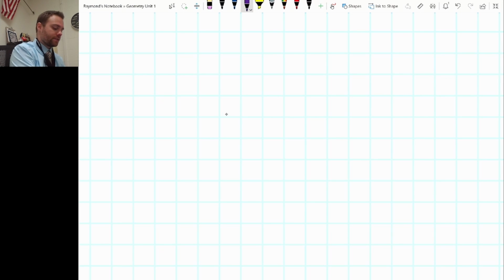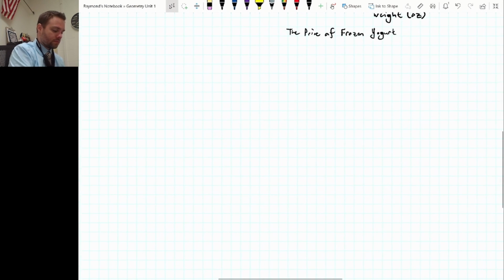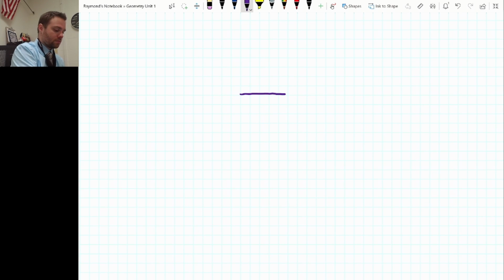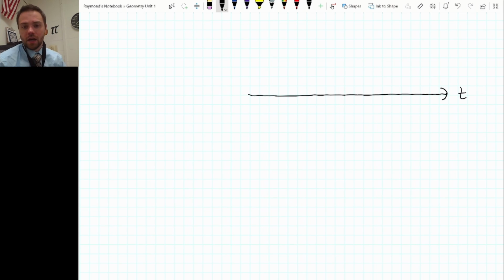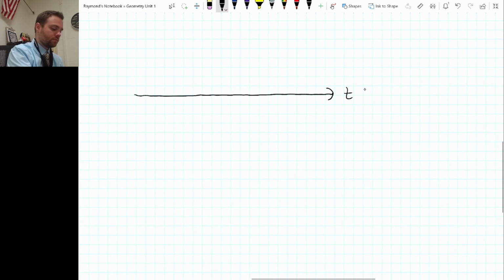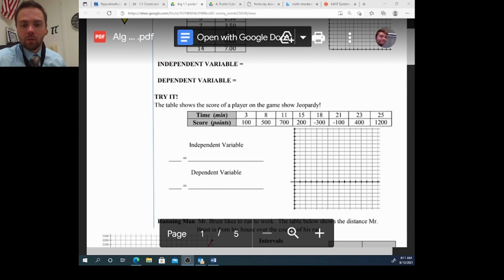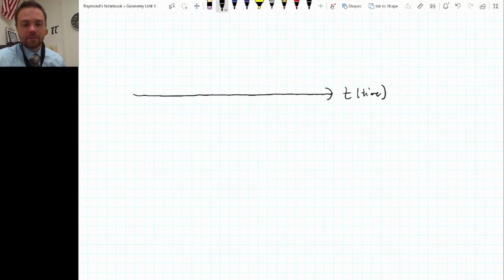So for this x-axis, I'm going to label it t for time. And then for the y-axis, I'm going to label it s for score.